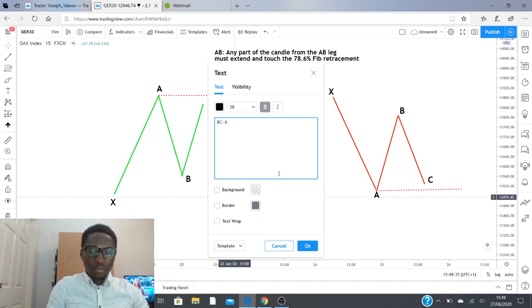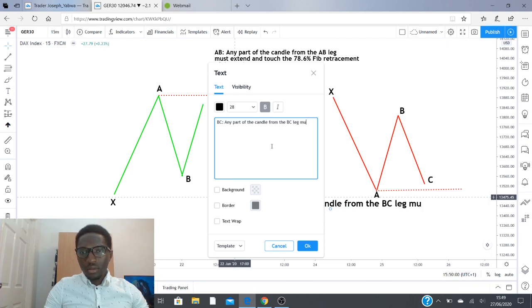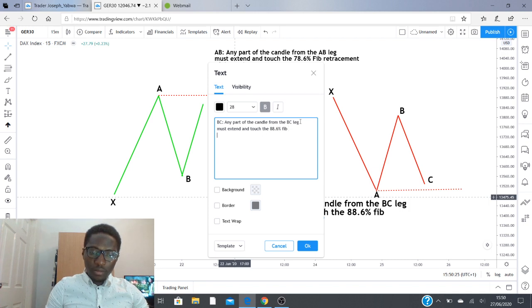So any part of the candle from the BC leg must extend and touch the 886 fib retracement of the AB leg.